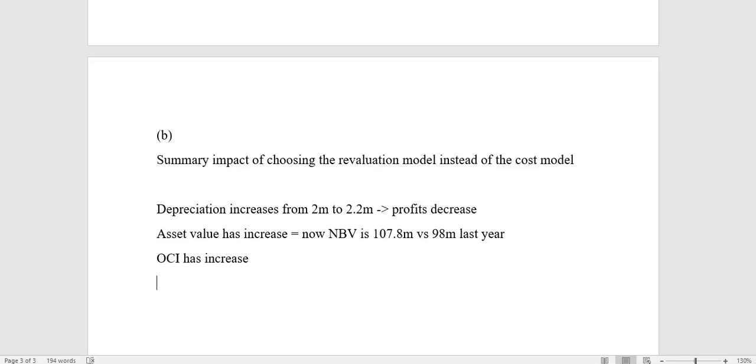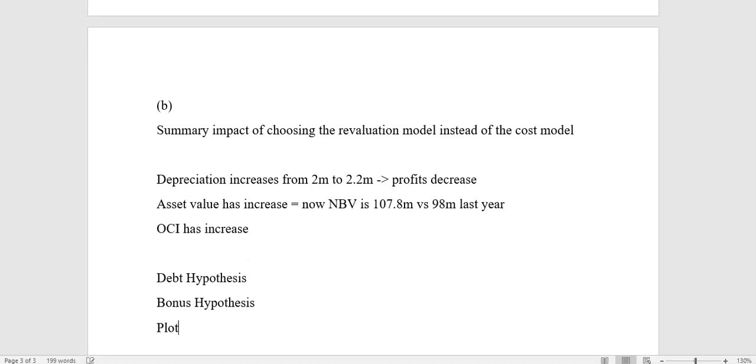So if we look at each one then, will our hypotheses explain it? Will the debt hypothesis, will the bonus hypothesis, which is the management compensation hypothesis, and will the political cost hypothesis, will these each explain it? So if we start with the debt one, will this explain the choice, right?